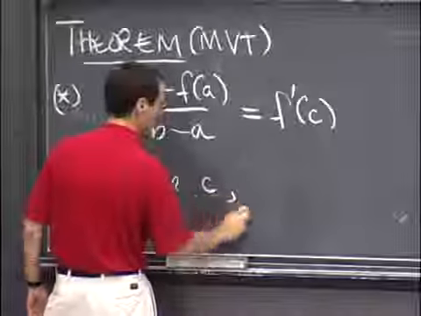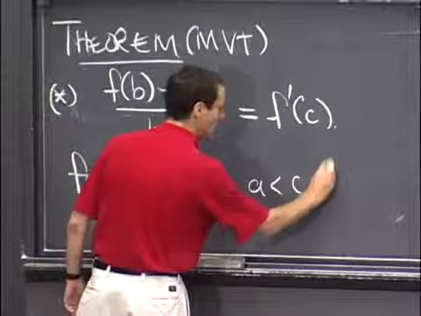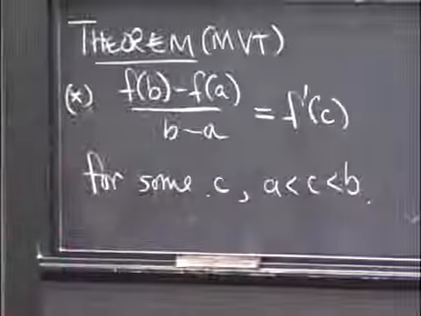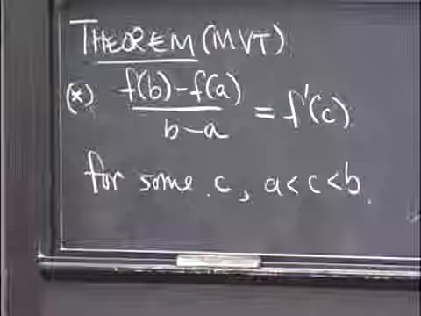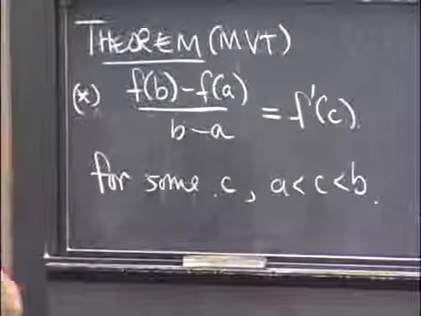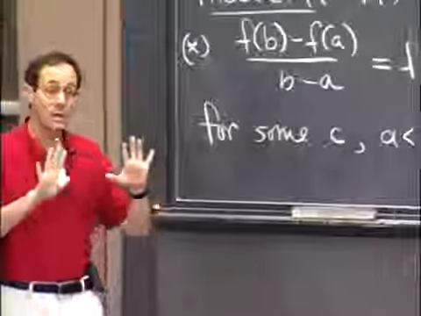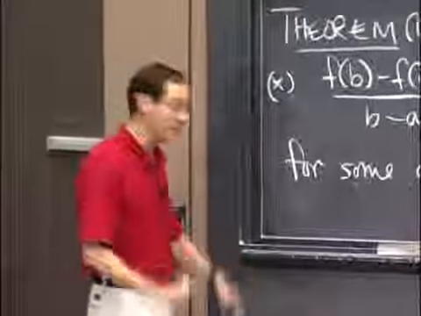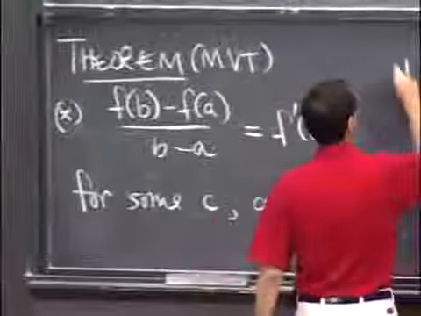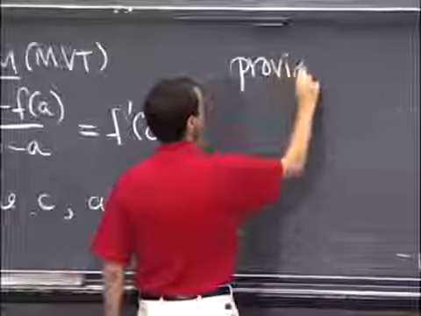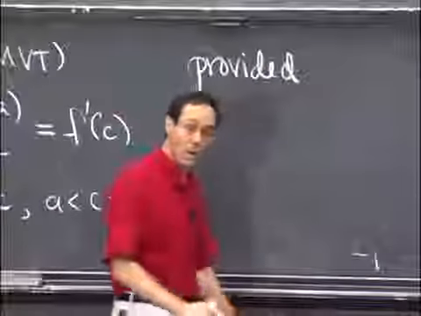So some c, which is in between a and b. I'm not quite done. It's a real theorem. It has hypotheses. I've told you the conclusion first, but there are some hypotheses.